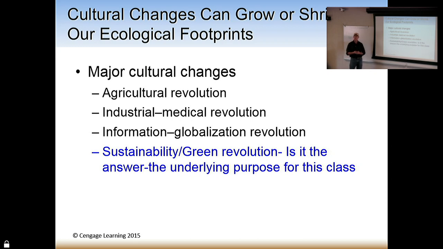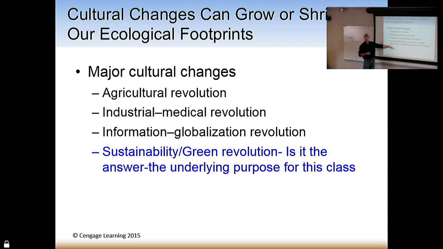The information globalization revolution, if we want kiwi fruit in the middle of winter, we just get them shipped in on a refrigerated plane from wherever they're being grown, South Africa, New Zealand, wherever it is. Okay, and then last of all, these pushed us in a negative way and made us bigger consumers of natural resources.